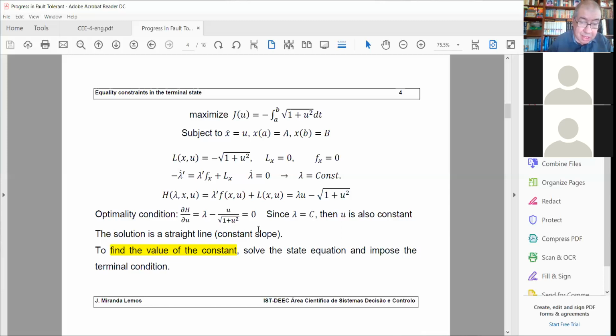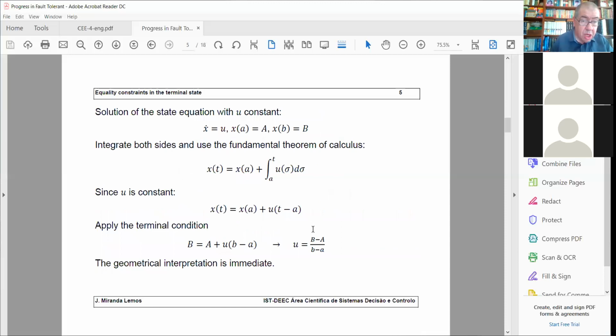Because you have many straight lines. To find which straight line it must be, or better to say, the value of u, which we know now is constant, we apply the boundary conditions. So we apply the fact that x of a is capital A and x of b is capital B.